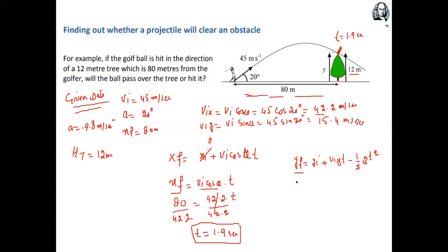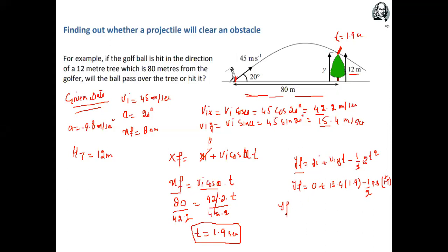So let's find yf. The initial height at this position we take as 0, plus Viy t. We know Viy is 15.4, multiplied by time 1.9, minus half of 9.8 times time square, 1.9 square.